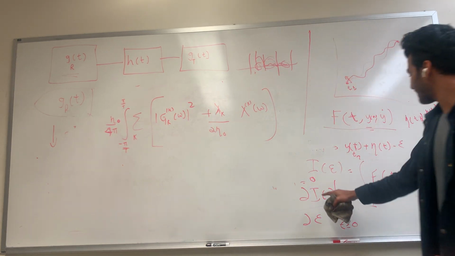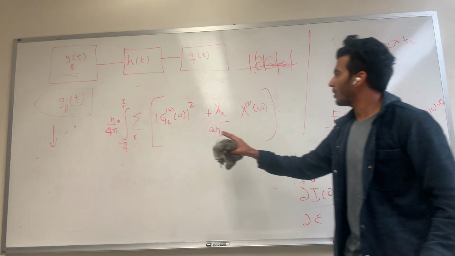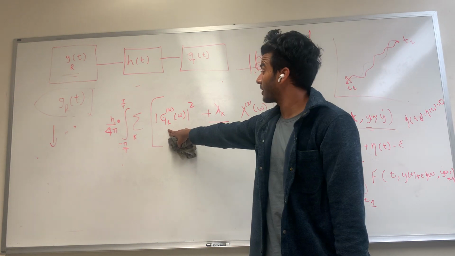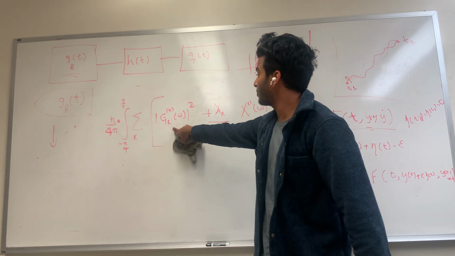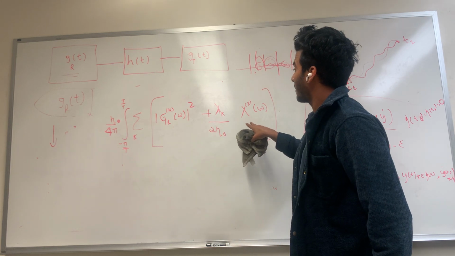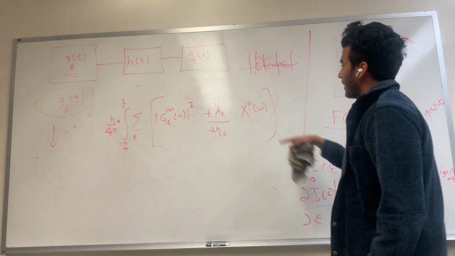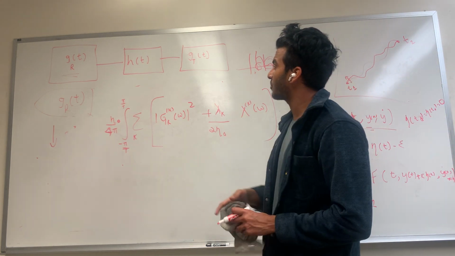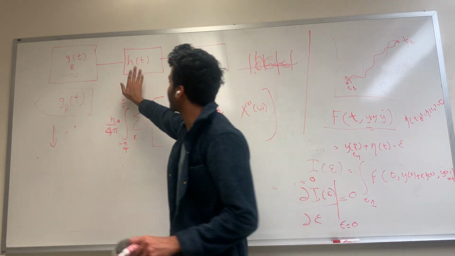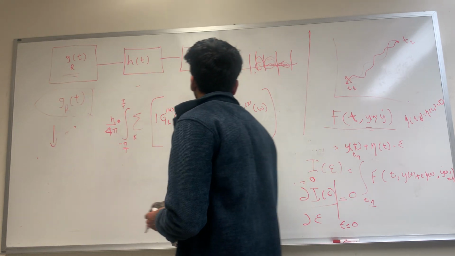Now let's apply the variation. So we're trying to find the best receiver. So we perturb G_R of omega by eta of t times epsilon. And this X_k of omega, we can write it as a product of G_T of omega times H of omega times G_R of omega.